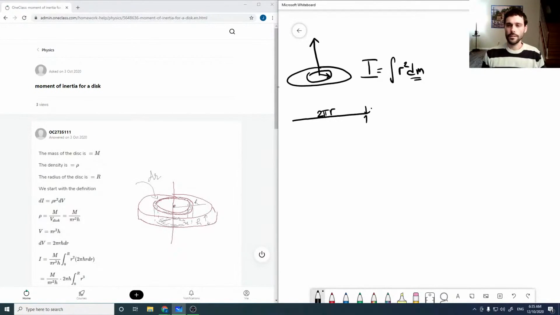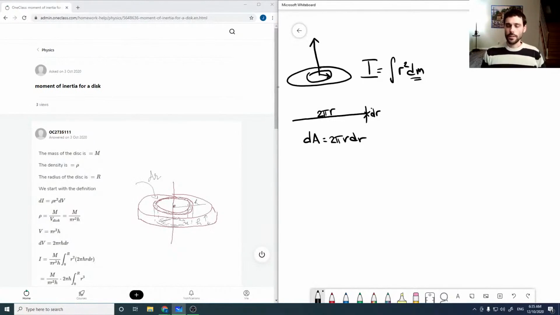And its thickness is dr, giving it an area, or a small unit of area, of just 2 pi r dr. Right, so this is a line segment, or we're considering it, I guess, as a rectangle, so you just multiply the width times the height.